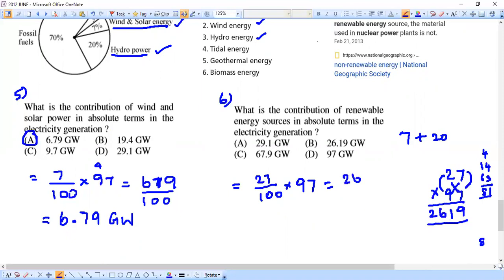So 2619 by 100 is going to be the answer. On simplification, as usual, we have to come out with 2 decimal places. So 2 decimal places will give us 26.19 GW, gigawatts, which matches option B. That is our answer.